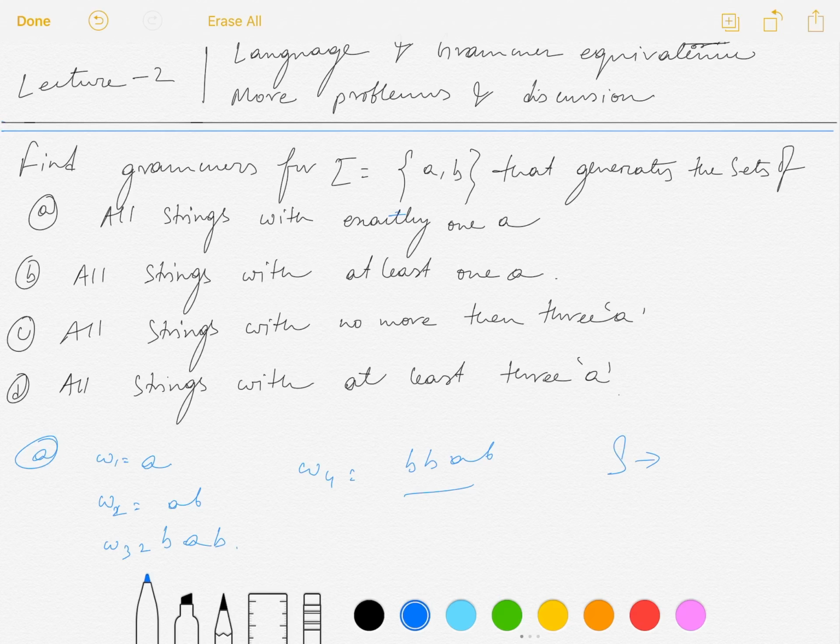As it consists of any number of B, B may be at any position, and we have to take care of that also.